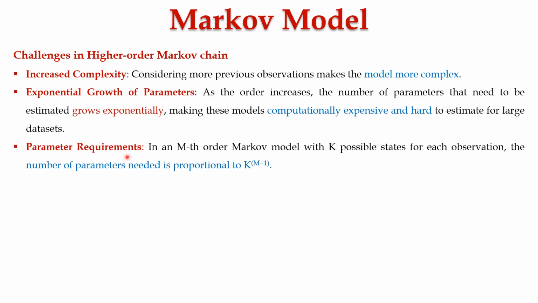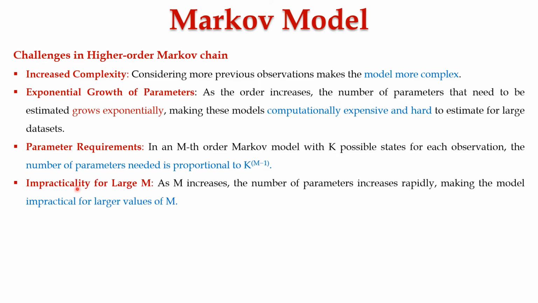Parameter requirements. In an mth order Markov model, with k possible states for each observation, the number of parameters needed is proportional to k to the power of m minus 1. Impractical for large m, that is, as the order of the Markov model increases, the number of parameters increases rapidly, which makes the model impractical for large values of m.